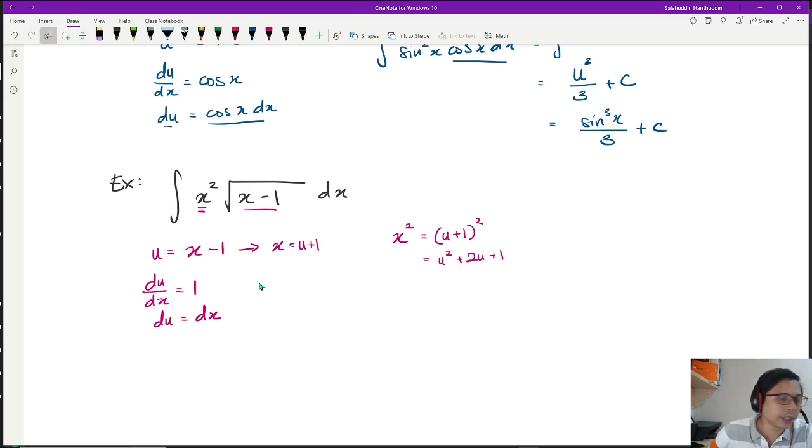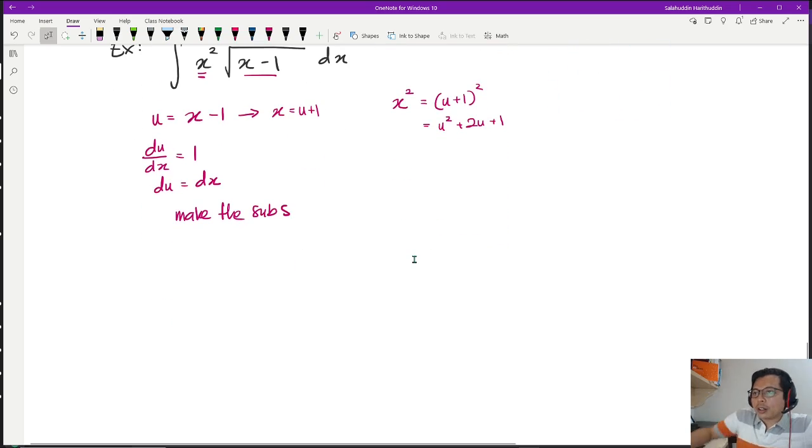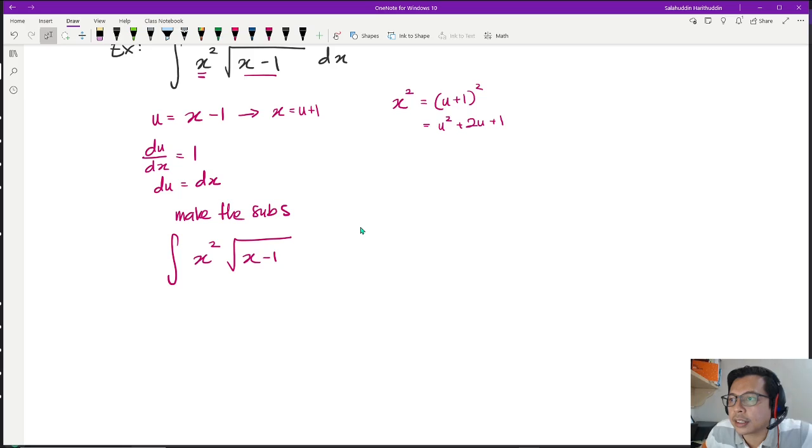Okay, so now we know x squared is that, so we can make the substitution. Let's rewrite the whole thing again and see if we can solve it easily.